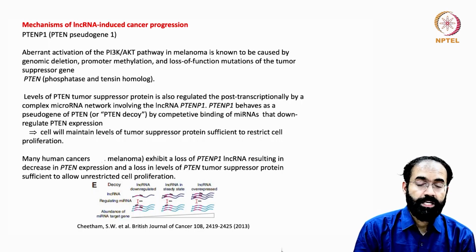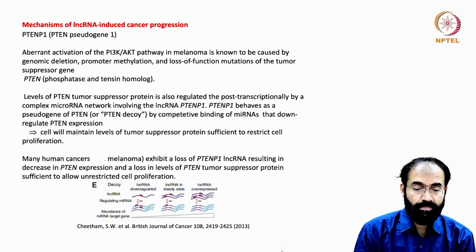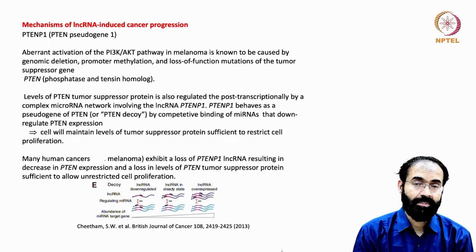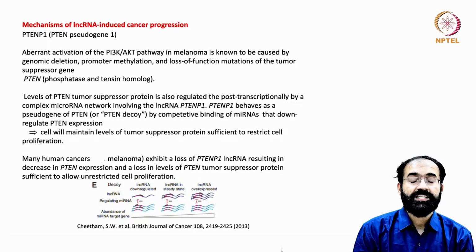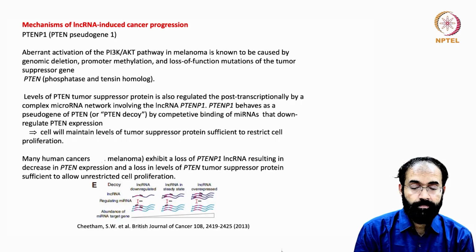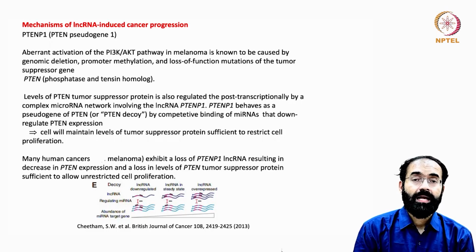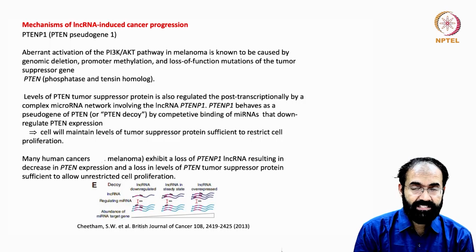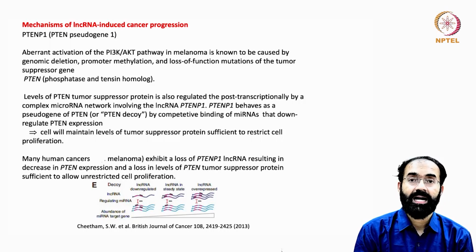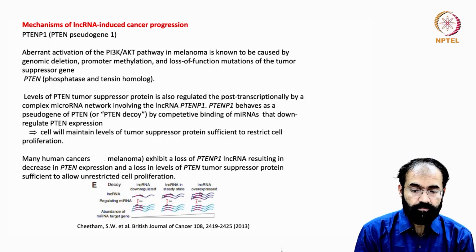So in many human cancers such as melanoma, they exhibit a loss of PTENP1. That means in a cancerous condition, they have to divide actively, quite strongly. So what actually happens is that when PTENP1 is absent in melanoma, it will lead to very aggressive cell proliferation and very aggressive cancer.